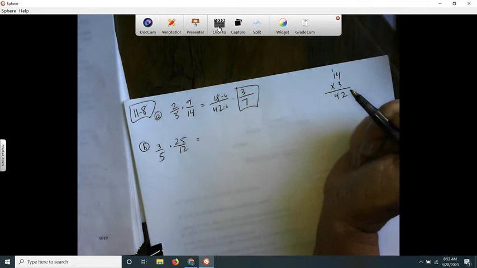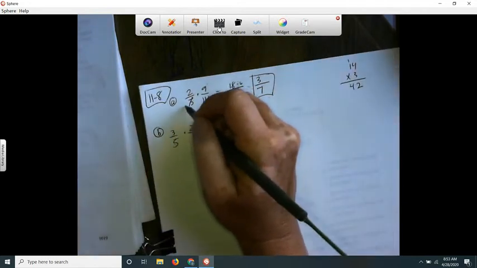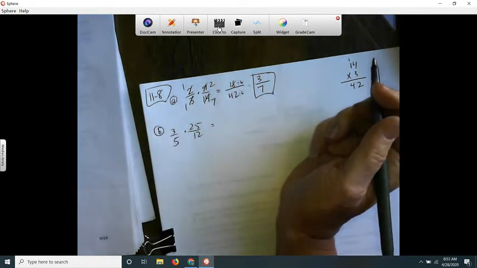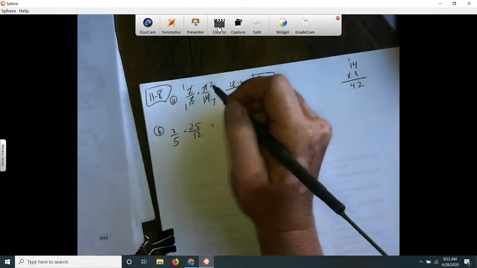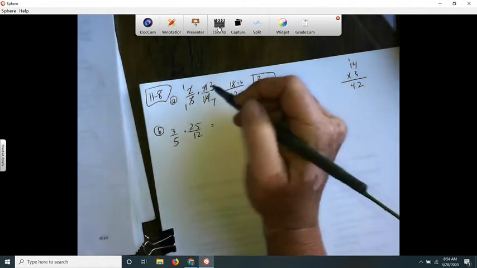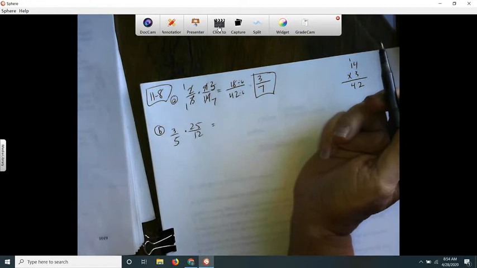Okay, another way to do it would just be go like this. Oh, what? Sorry. And it would be 3/7, right?